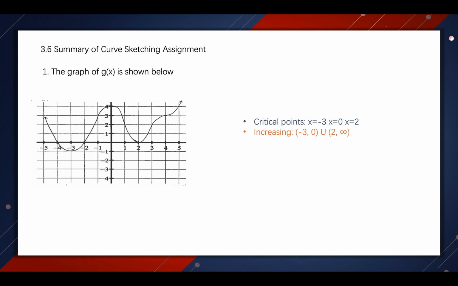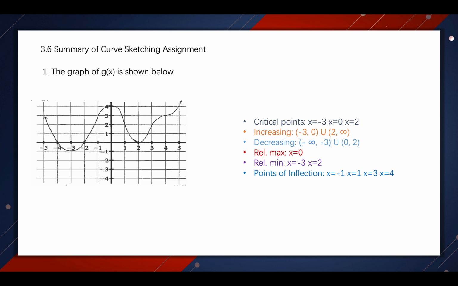The curve is increasing from x equals negative 3 to x equals 0 and x equals 2 to x equals positive infinity. The curve is decreasing when x equals negative infinity to x equals negative 3 and x equals 0 to x equals 2. The relative maximum is when x equals 0. The relative minimum is when x equals negative 3 and x equals 2.